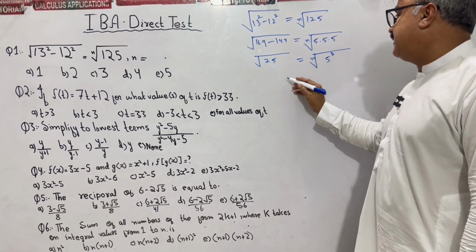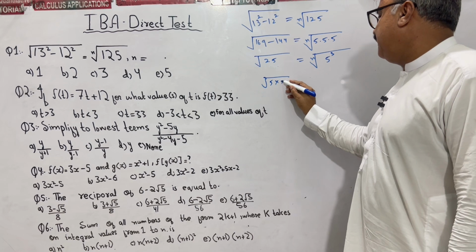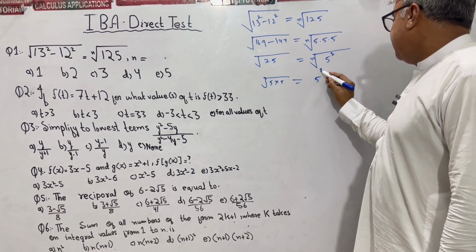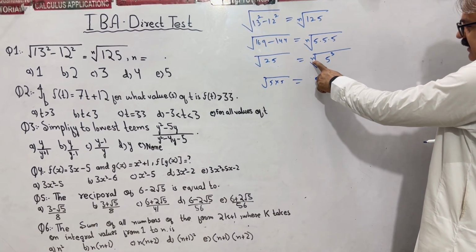This is the index. 25 can be written as 5 times 5, and this one can be written as 5 raised to 3 over n.